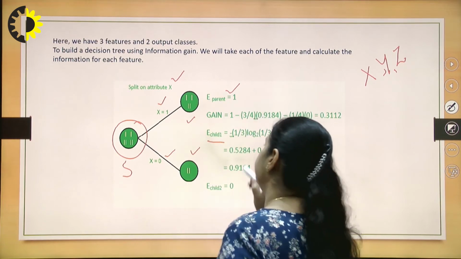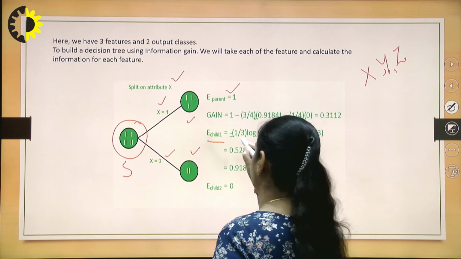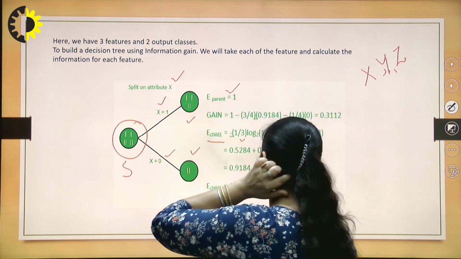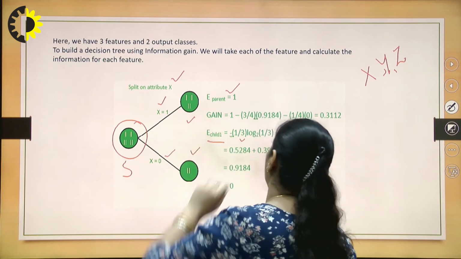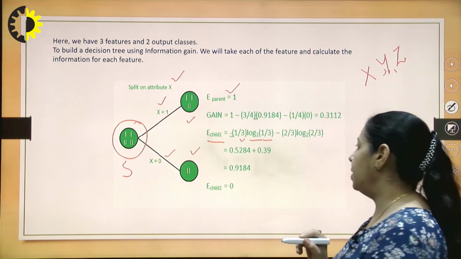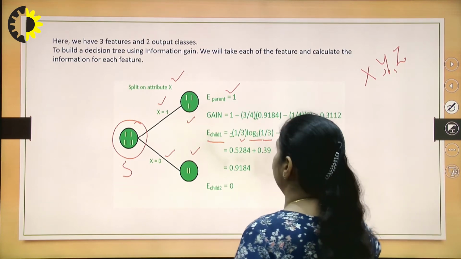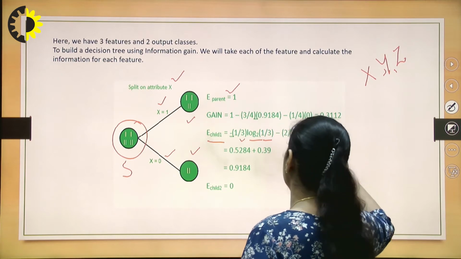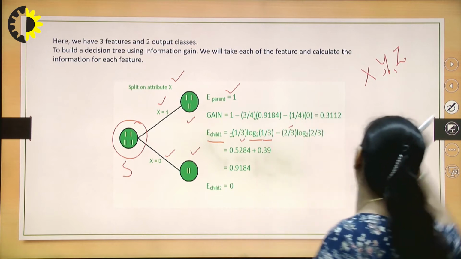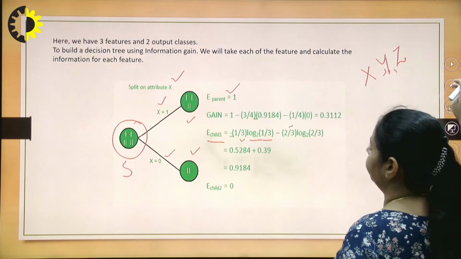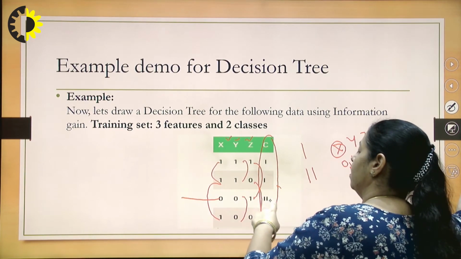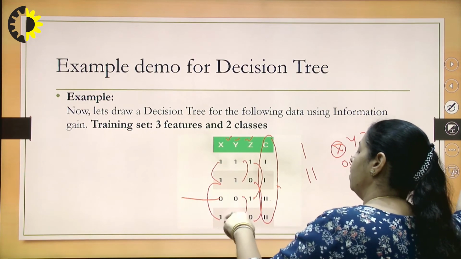In the first child, we have 1 by 3. 3 is the whole set and the number of ones is 1. So that is 1 by 3, and we take log 2 of 1 by 3. Similarly, for this value, we take minus 2 by 3 log of 2 by 3. If you look at the table, you can see here in x, we have 1, 1, 1.